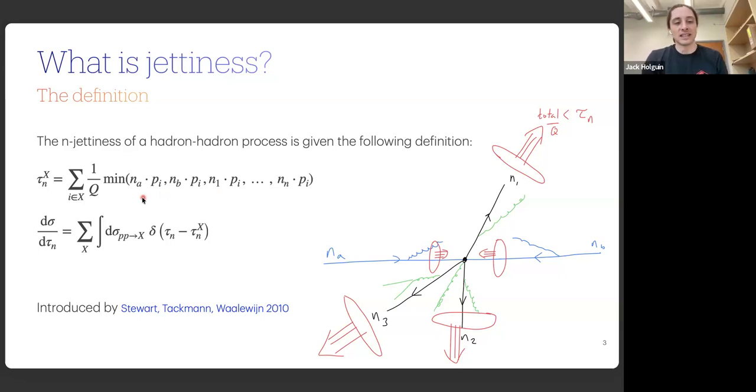Really, what it requires is that n-jettiness has n jet axes plus 2 for the initial beam axes. These can be found via a variety of means. You can typically try and use an optimization procedure to find the jet axes, such as in thrust or something like that. But here, I'm just going to assume the jet axes are given throughout this talk.